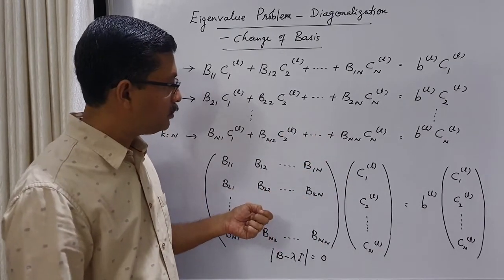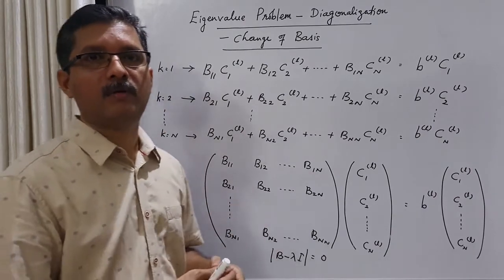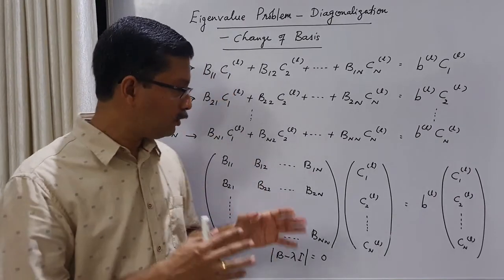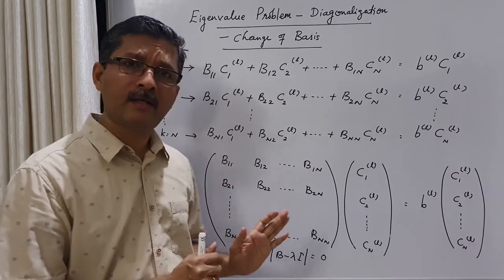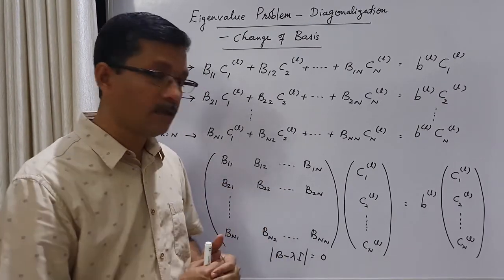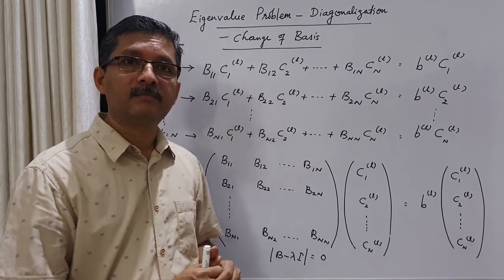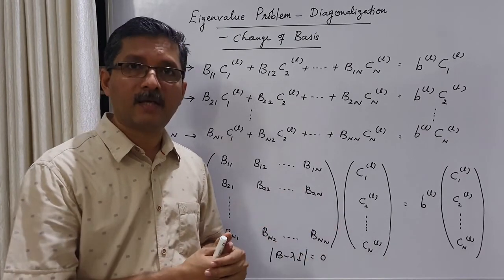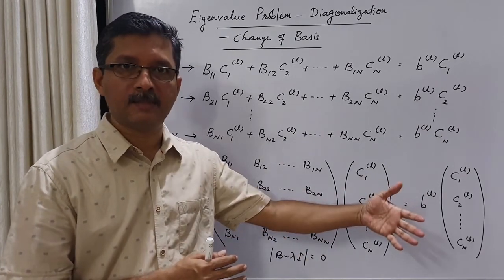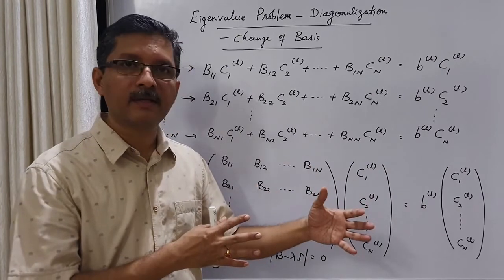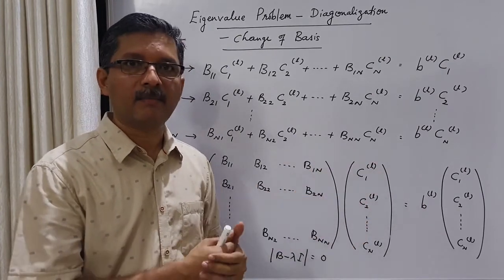So let's come back to our problem. We know that finding the eigenvalues and eigenkets of B is equivalent to diagonalizing B, expressing B in the eigenkets of B, so we get a diagonal matrix.